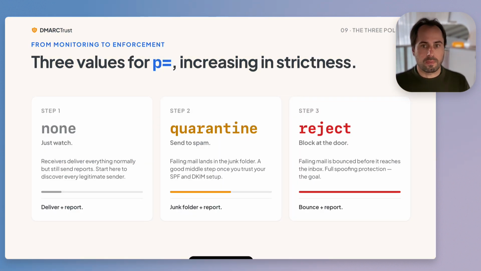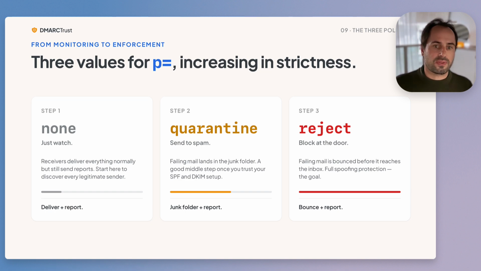Back to the policy. p= takes three values, and they are a ladder. None means just watch: deliver everything, keep sending me the reports. You start here for a few weeks to discover every legitimate sender you have. Quarantine means send failing mail to spam.